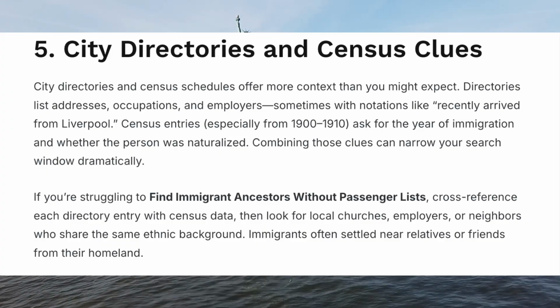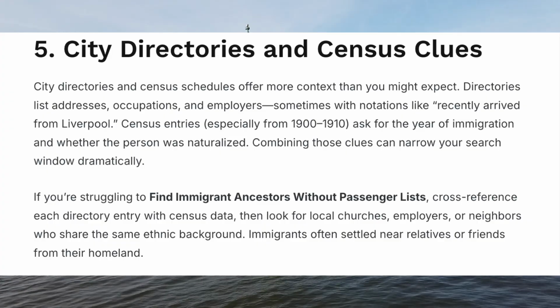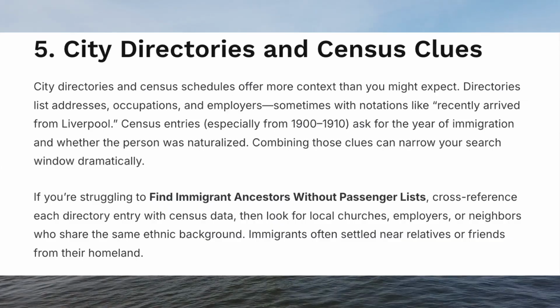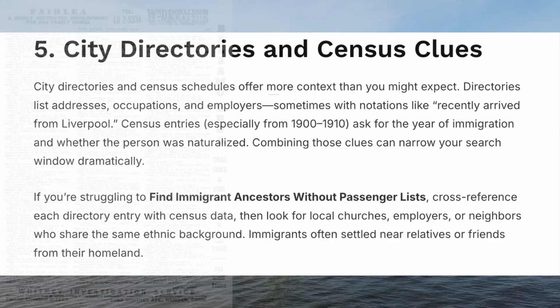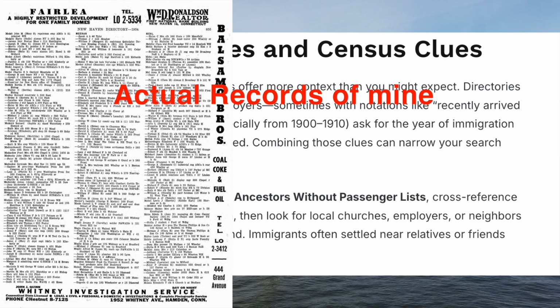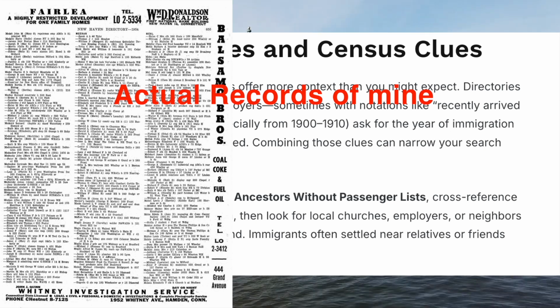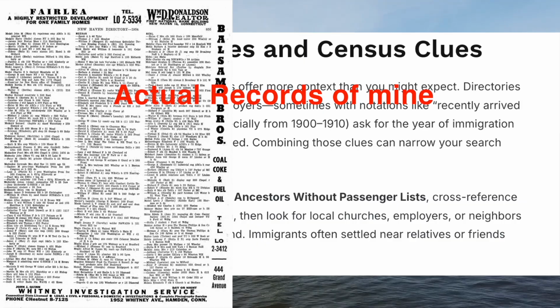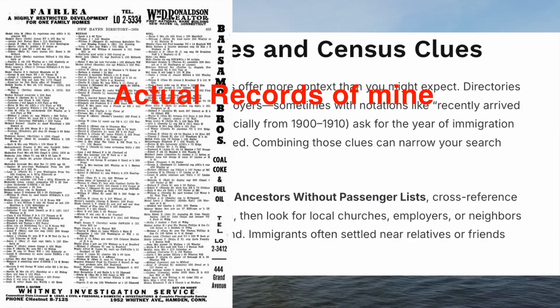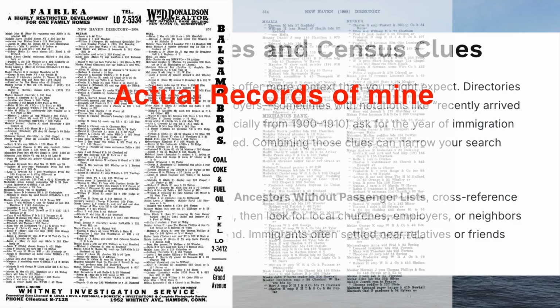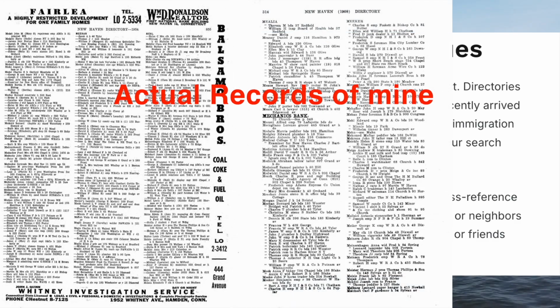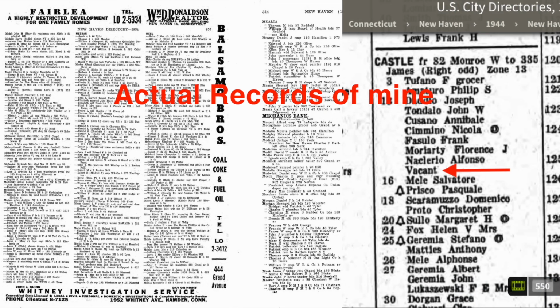And often, back in the early 1900s, city directories told you where the person lived. Then you look at people around where that person lived, and you get all these cool types of clues. You look for people at the same address, and then you say, oh, these are my people, because look, this person was living with this person. That's how I found that my great-grandmother's family had also come over as immigrant ancestors on passenger lists.